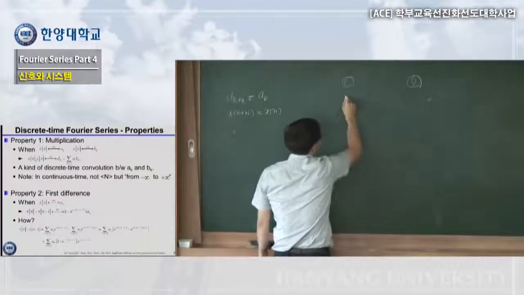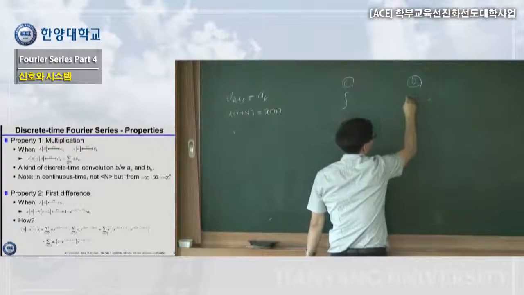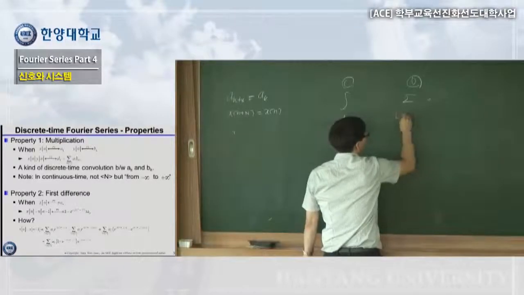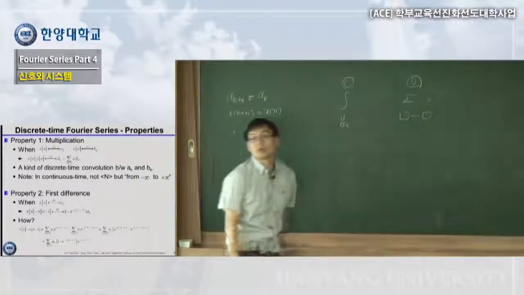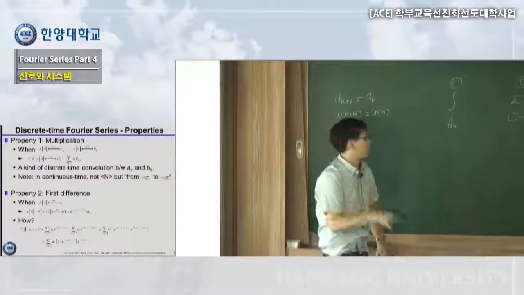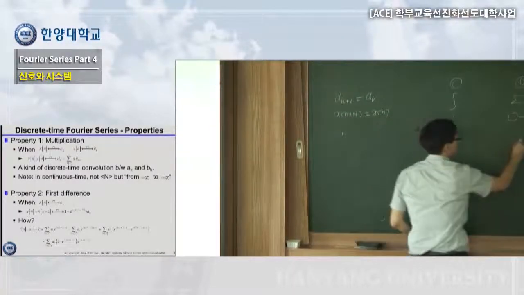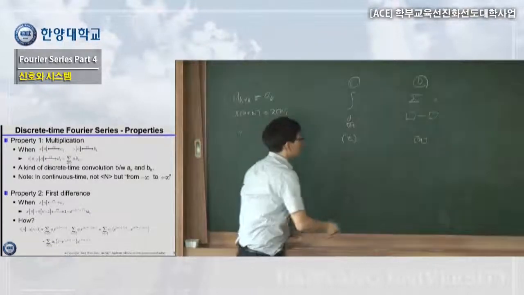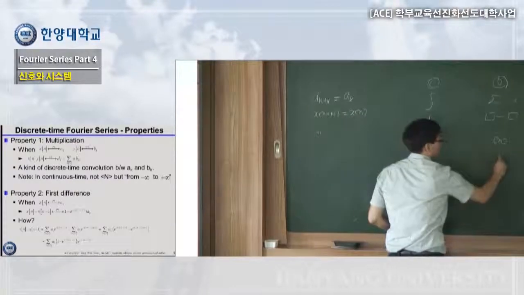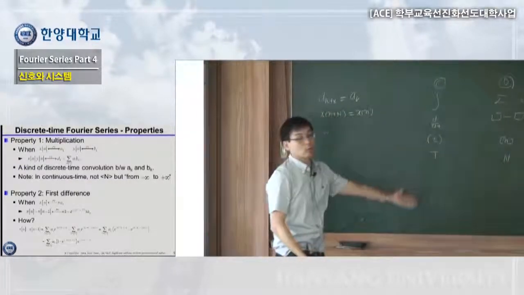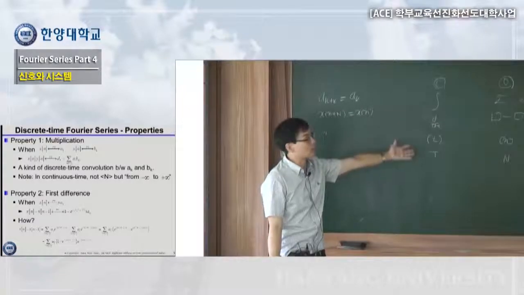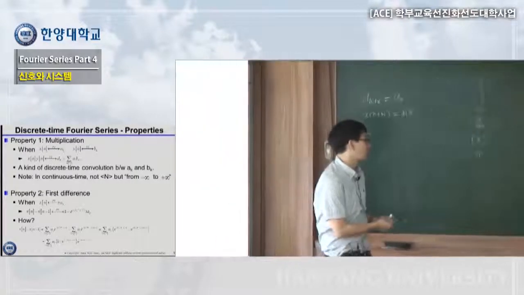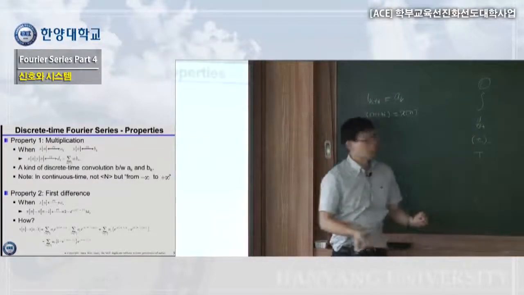Always remember that integration is summation, and differentiation is something minus something, subtraction. So they're always corresponding. In here, this is t, this is n. They have a round bracket, there's a square bracket. They have period of T, period of N. Other than that, if you remember this relationship, it's much easier to understand or memorize the equations.